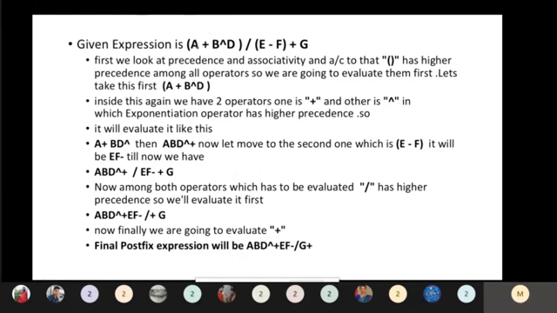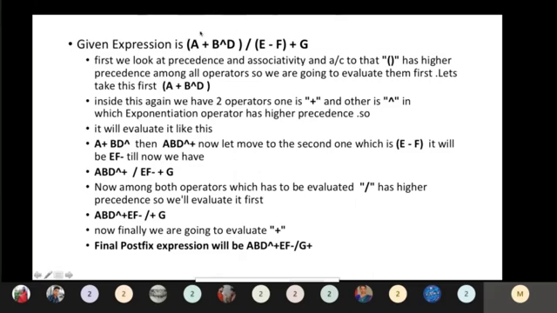Then we read the second character, A, and place it on the output window. The third character is plus, and we push it on to the stack. Next we have B. B is the operand.